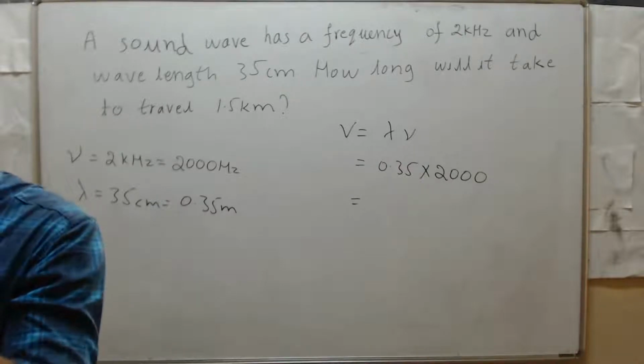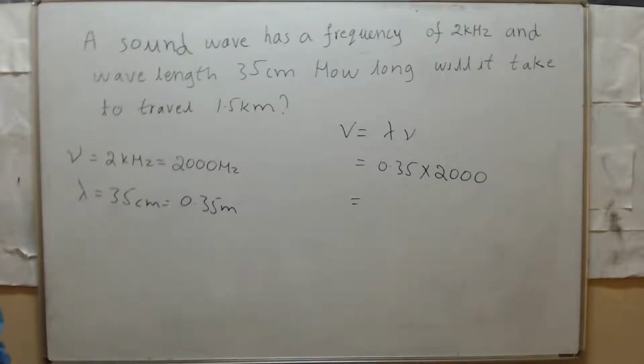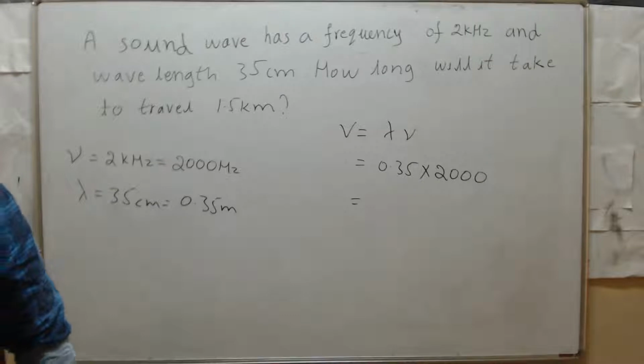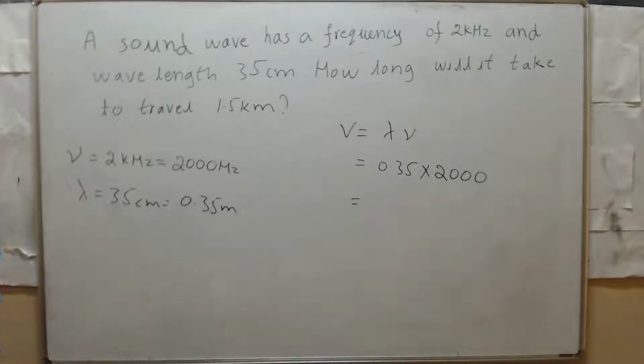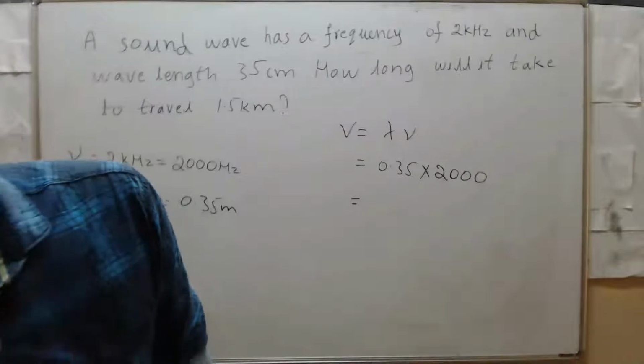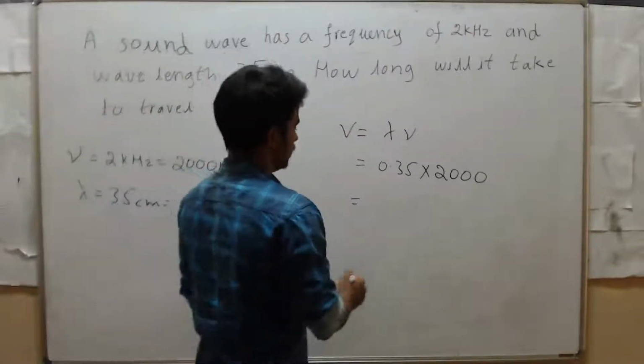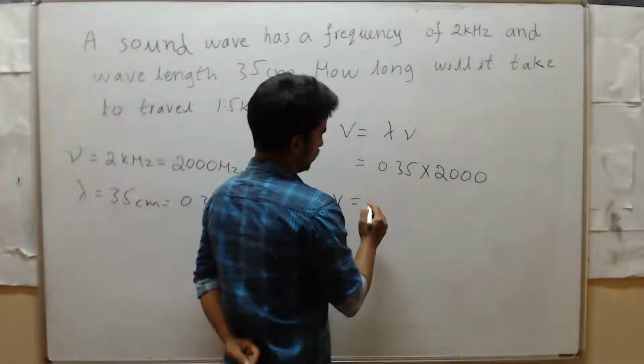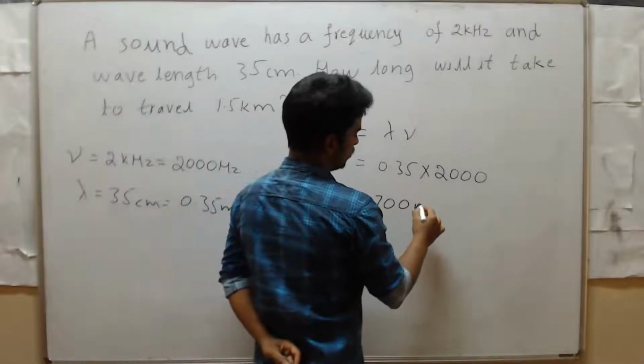Multiply 0.35 into 2000. The answer is 700. So the speed of sound v is equal to 700 meter per second.